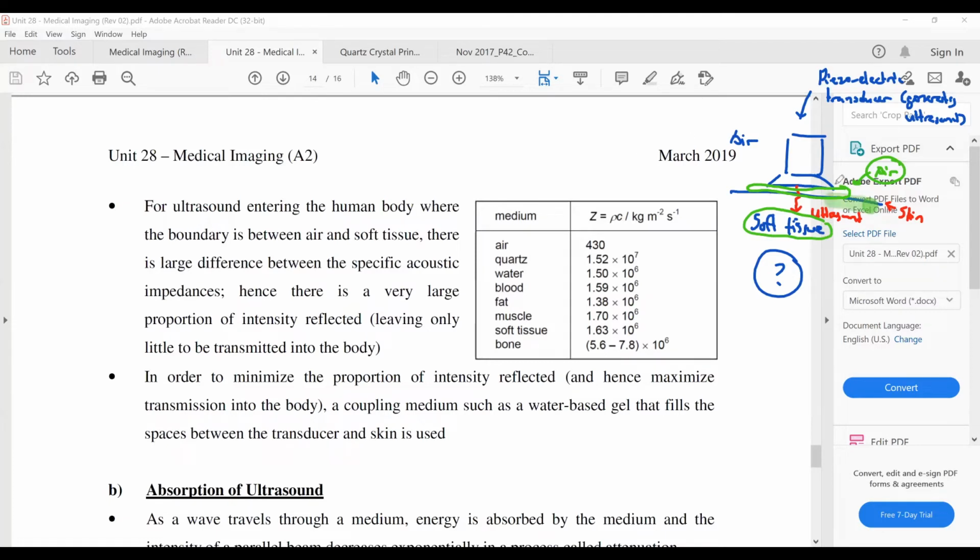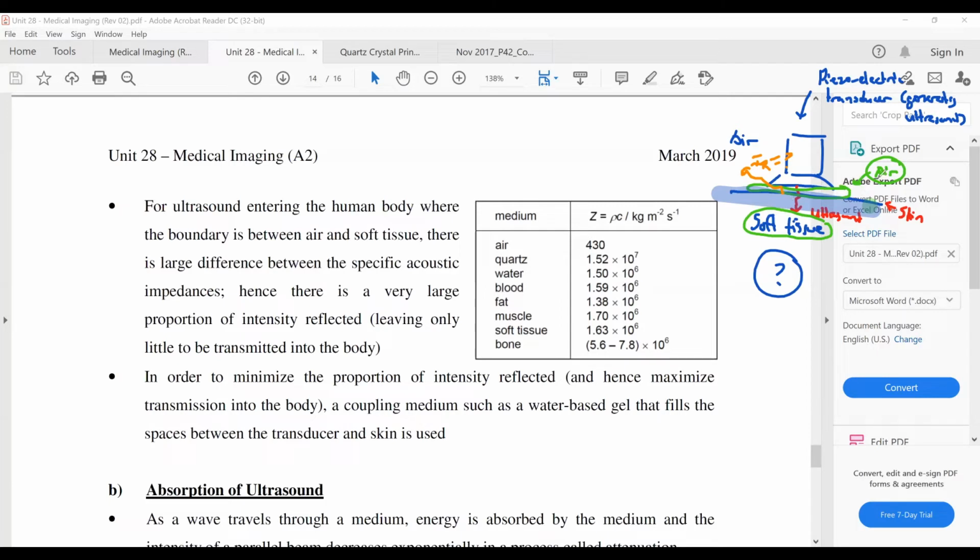Where one side is air, one side is soft tissue. The thing you're interested in knowing is what is the fraction of intensity reflected? Is it going to be a lot or is it going to be a little?